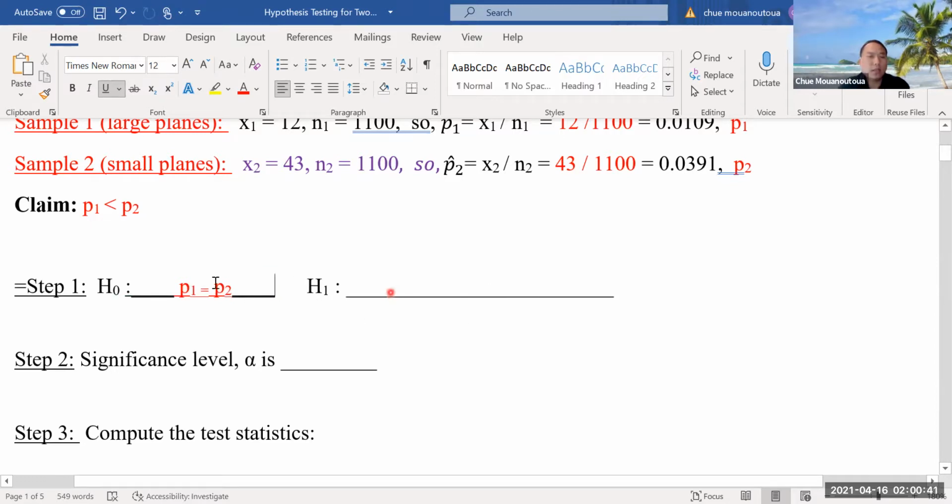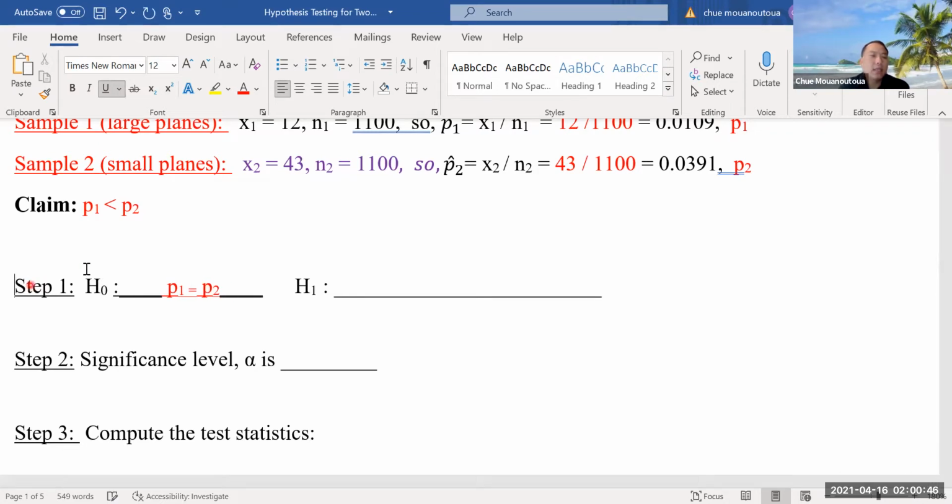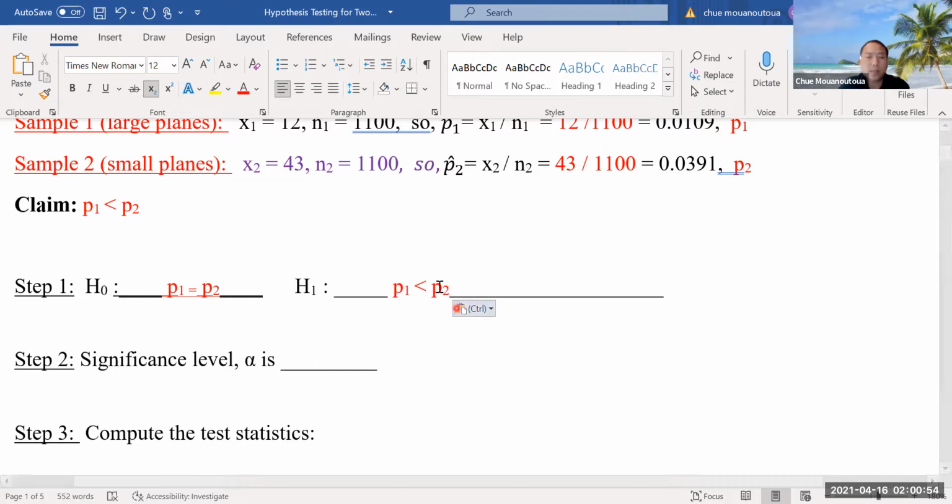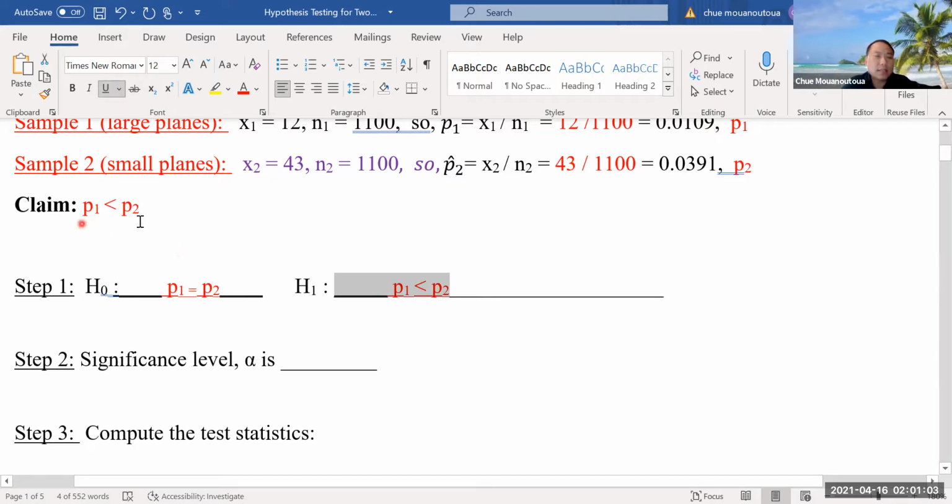Then H1 always has only strictly smaller, bigger, or not equal. So here the claim is going to go with H1. The same thing applies as in chapter 8: you just have to look at the claim and pick which one goes where.